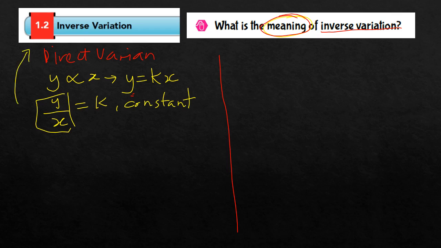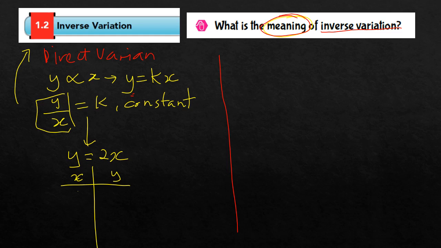So for example, if you have one equation like this, y equals 2x, then we see how the value will change.